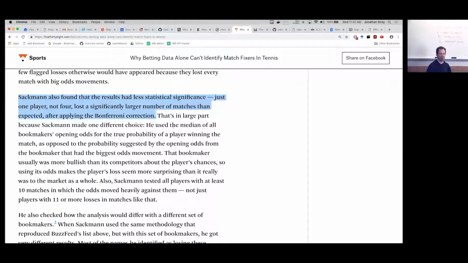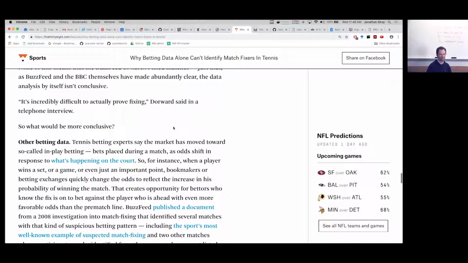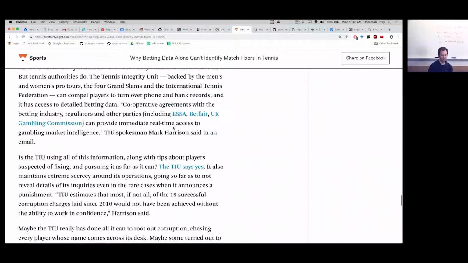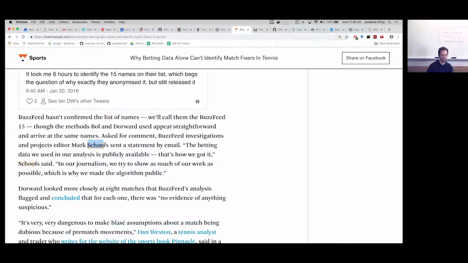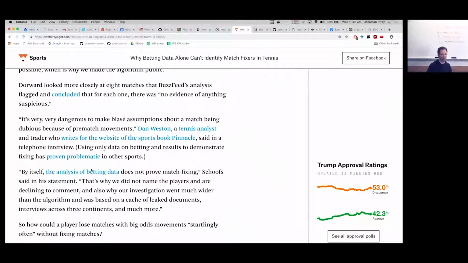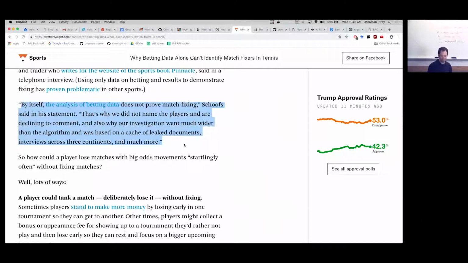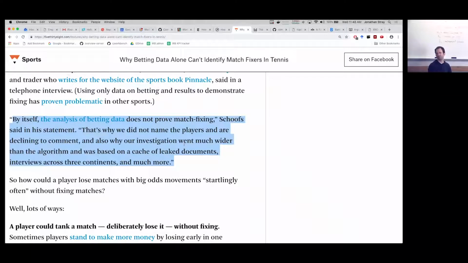So then BuzzFeed's analysis, there you go. So this is how BuzzFeed handled this. They said, first of all, we're not claiming that by itself this analysis proves match fixing.